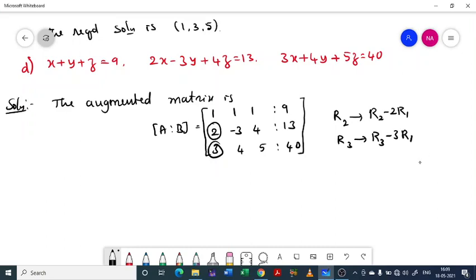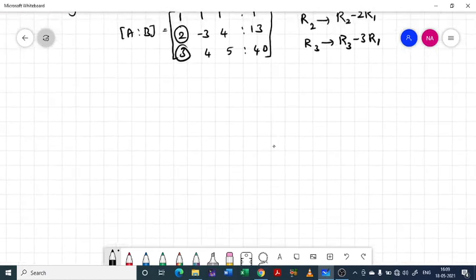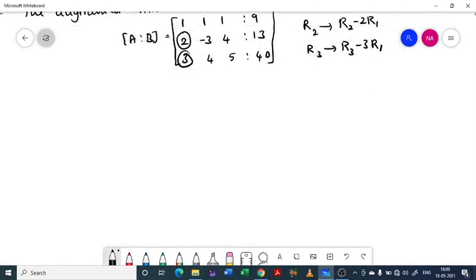Now applying the operations, the given matrix will be equivalent to 1 1 1 colon 9. No operation is applied for R1, so it will be 1 1 1 colon 9. Second row, so 0, 0 in this column. Next this will be, you can check the values later.